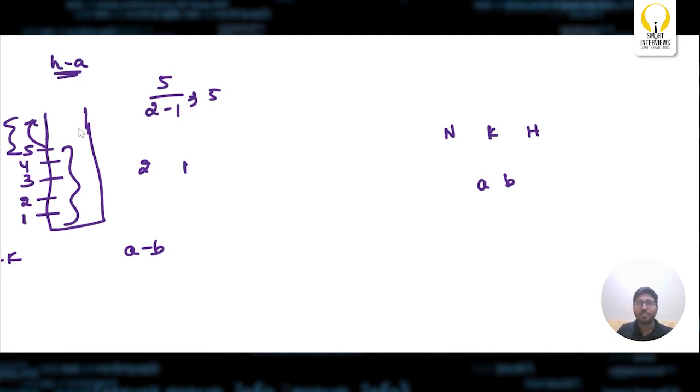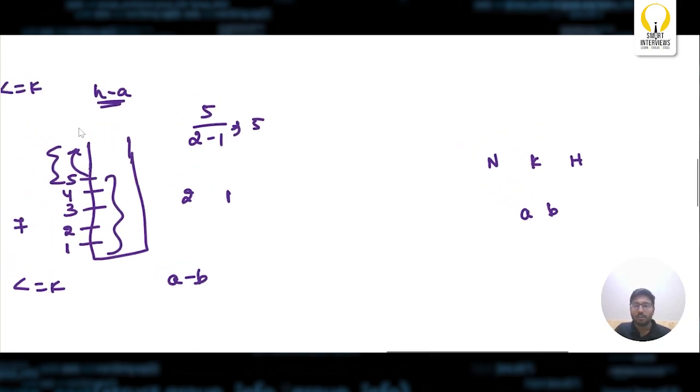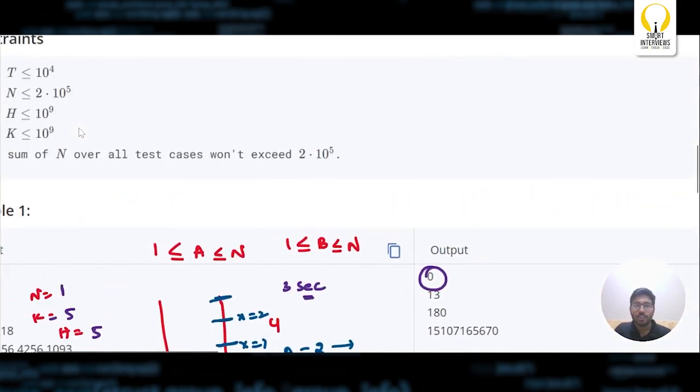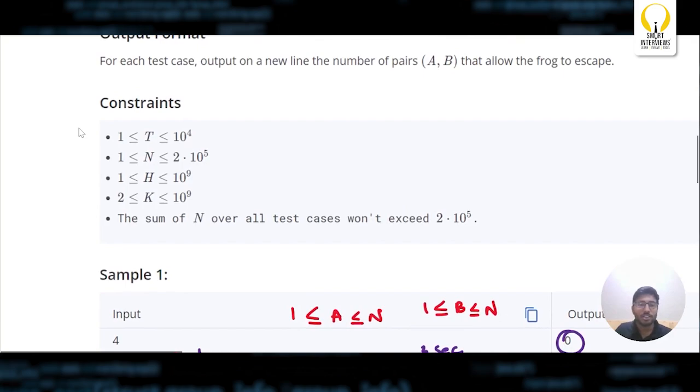We know we can simply find out every possible pair, right? But there is an issue with that. According to the constraints, we know that n can go up till 2 into 10 power 5, right?